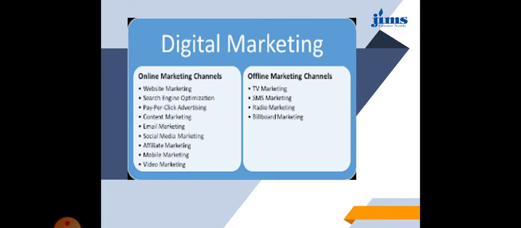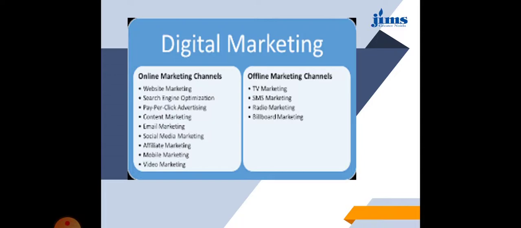Okay, now let's see, through digital marketing, I have tried to show you some online marketing channels and some offline marketing channels. When we talk about online marketing channels, it includes website marketing, SEO, that is search engine optimization, then PPC, that is pay per click advertising, then content marketing, mobile marketing, viral marketing, affiliate marketing, email marketing, and SMM, that is social media marketing.